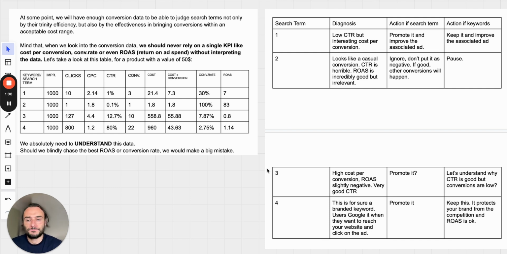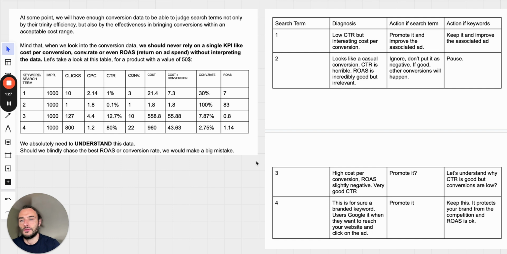There's a catch, again. Each and every one of these values needs to be interpreted, because if we blindly look at the cost per conversion or the conversion rate for a single search term, we might be biased.